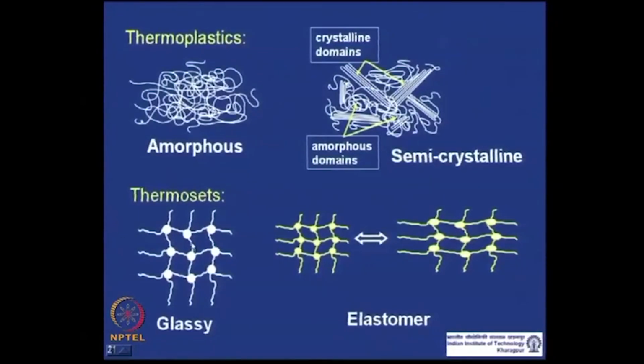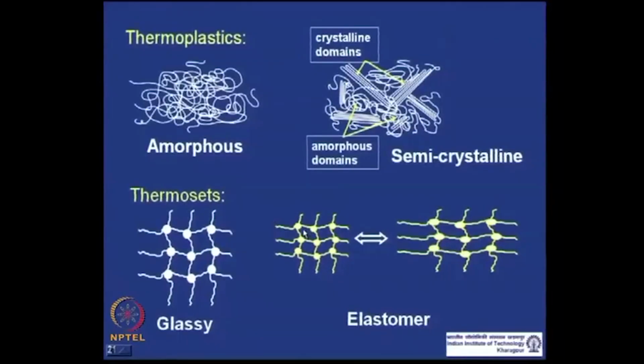Thermosets, which we talked about on the last page, can be glassy or elastomer. As I said, they are cross-linked networks, and if the chains between the network points have flexibility, which happens if the temperature is above their glass transition temperature, then they are elastomers.